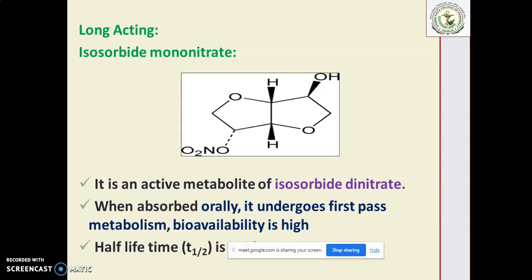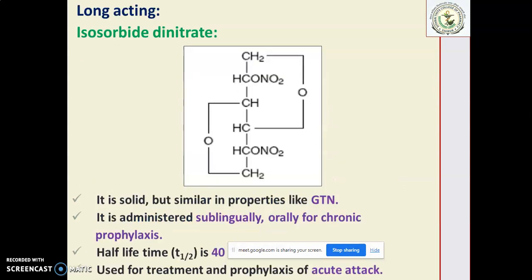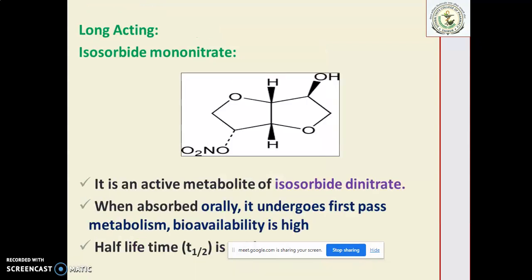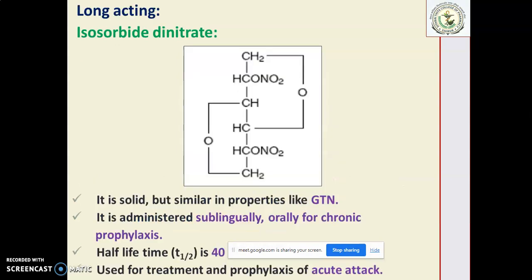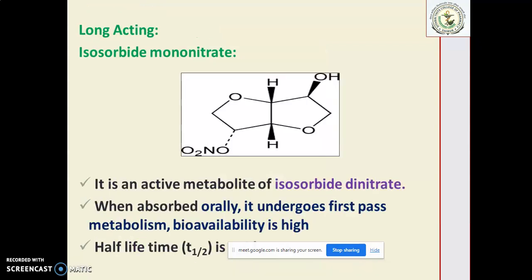There is a minimum difference of NO3. NO3 at 2 positions is observed in case of isosorbide dinitrate, while NO3 is at only 1 position. And isosorbide dinitrate is a major category, and its metabolite is isosorbide mononitrate.